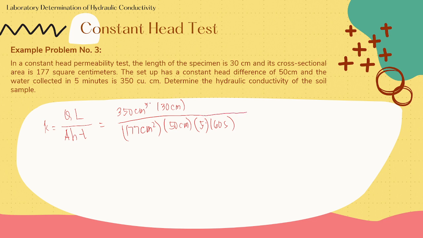So we can get 3.9548 times 10 raised to negative 3 centimeters per second.